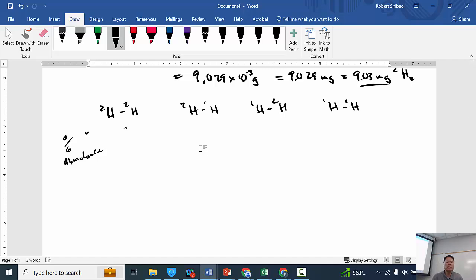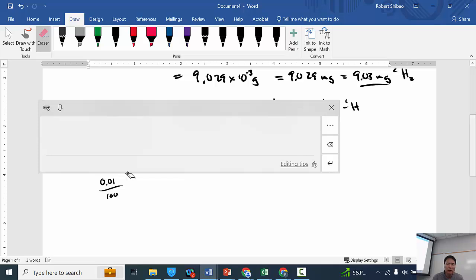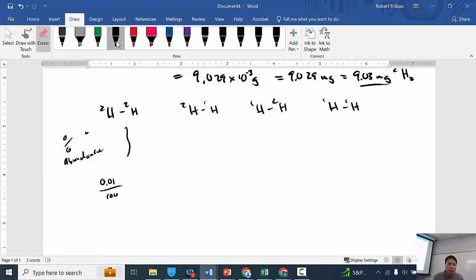And so what is the percent abundance of H2H2? The percent abundance of H2H2, we don't do a percent times a percent. What do we do? Fraction. We'll do the first one as a fraction, 0.015, and the second one we'll leave as a percent.